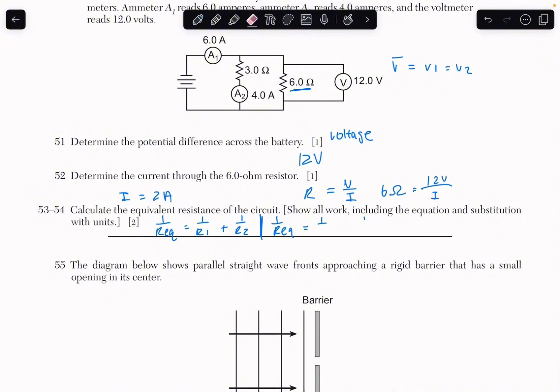The first resistor is 3 ohms, so 1 over 3 ohms plus 1 over 6 ohms, the other one. And 1 over 3 plus 1 over 6 is just 3 over 6, which equals 0.5. So we're going to do 1 over 0.5, and that's going to equal 2 ohms.